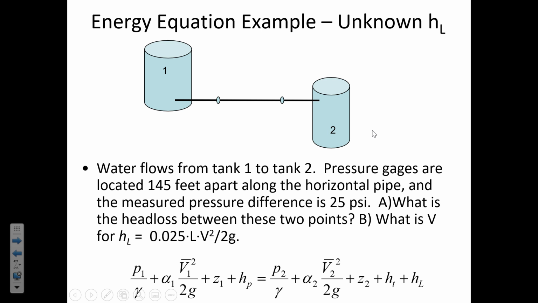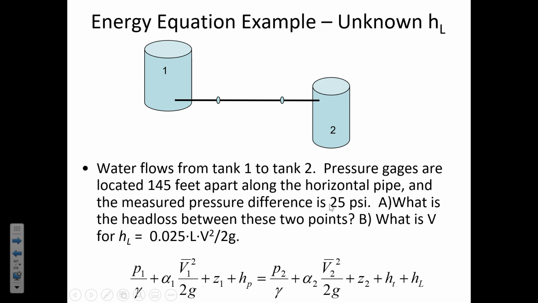We have a pressure difference between the two spots, and this is a horizontal pipe, which means that the elevation at these two locations is the same. We're working in traditional units here, so the length between these two points is 145 feet, and the pressure difference that's measured is 25 psi.